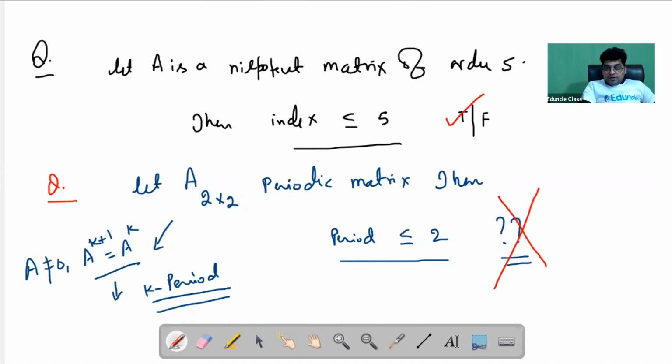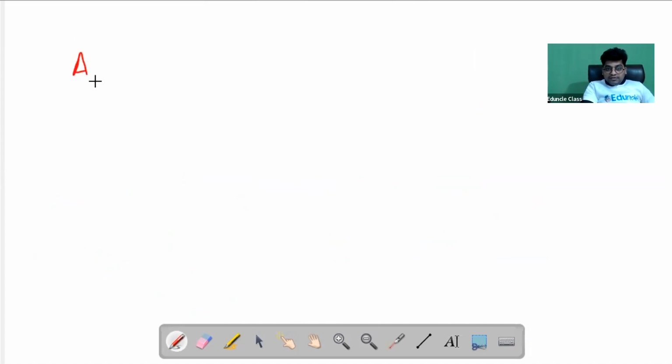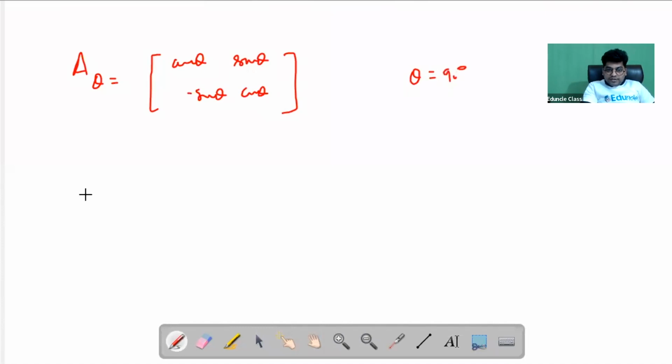Why? Because you can see you have a theta. This is a matrix. Take theta equal to 90 degrees. What is the matrix? What is the period of this matrix? What is A square?